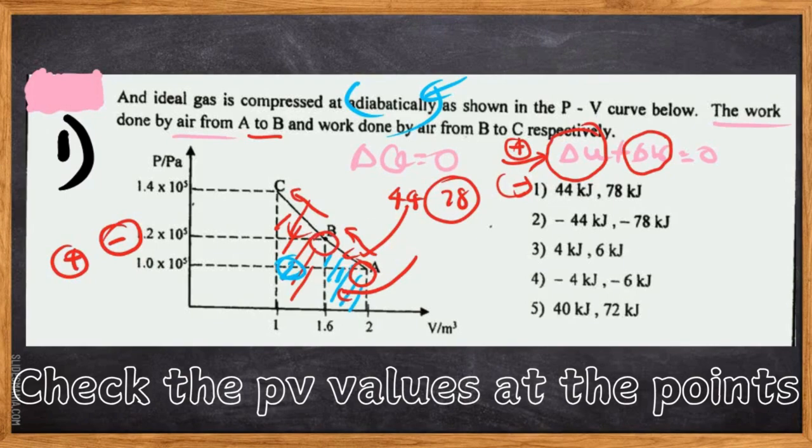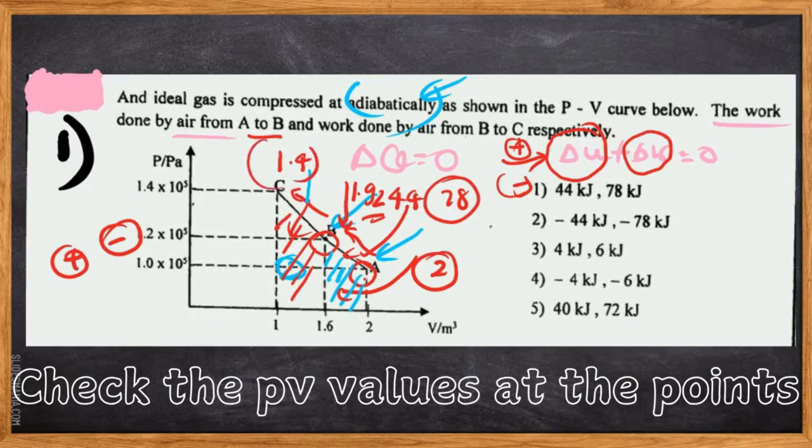I told you earlier, it's the PV values at these two points. Let's multiply and see. At A the PV value is 2 into 1, so 2, and at point B it's 1.6 into 1.2, so 1.92. Then at C, 1 into 1.4, it's 1.4.